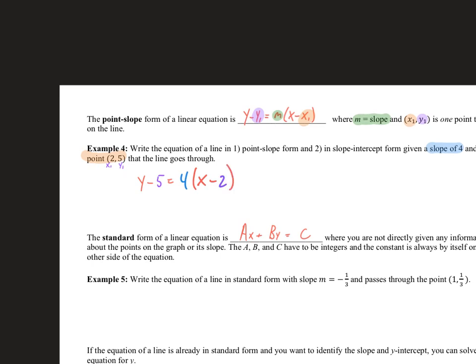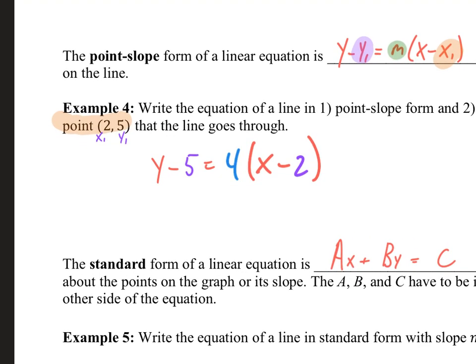The only thing you do when writing an equation in point slope form is simplify any signs. If this had been a negative 2 instead of a positive 2, we'd have x minus negative 2 here, and so there's that sign switch. Things inside the parentheses are lying to us about their sign: the value we have is negative 2, but we end up writing plus 2.